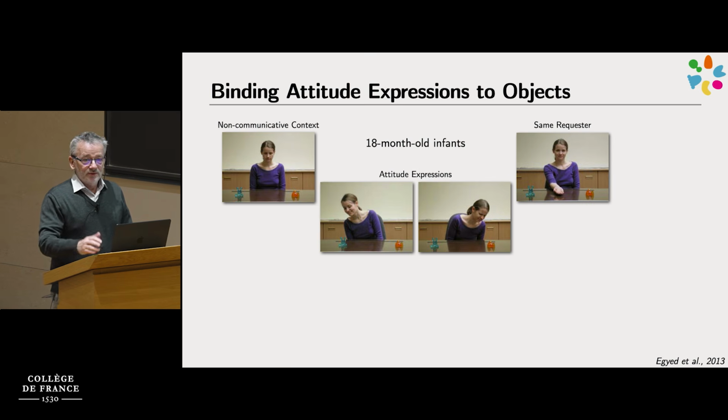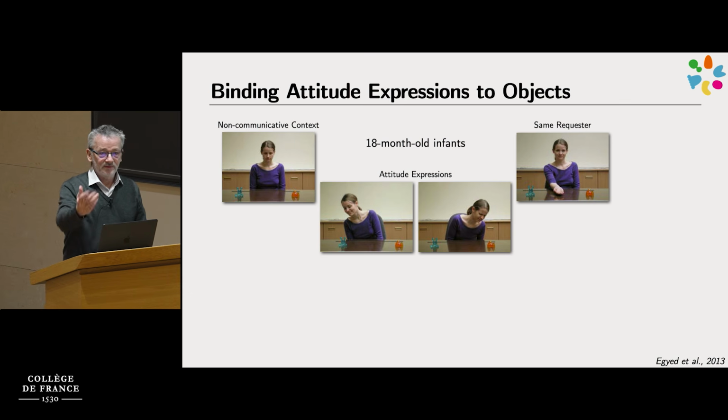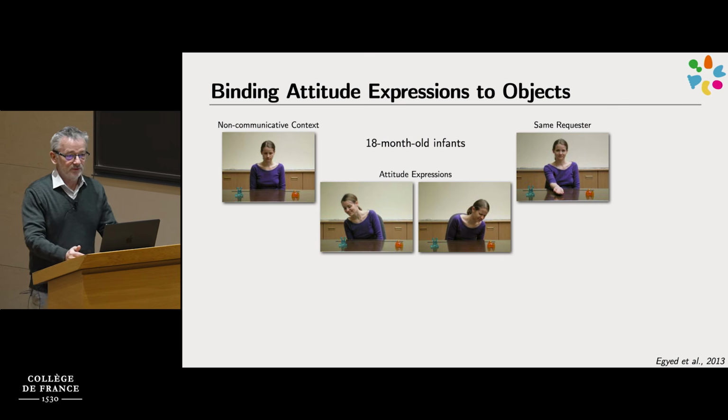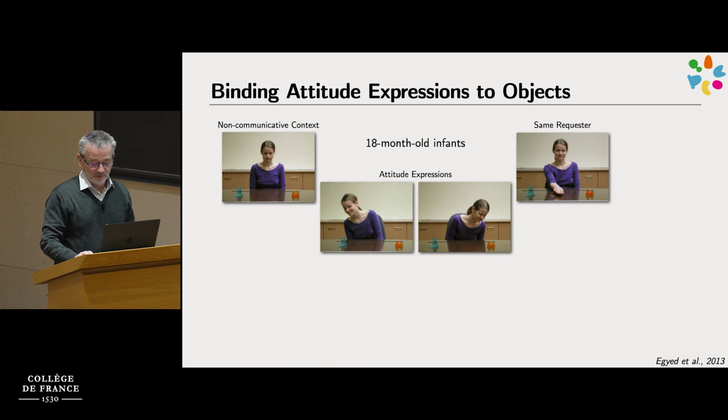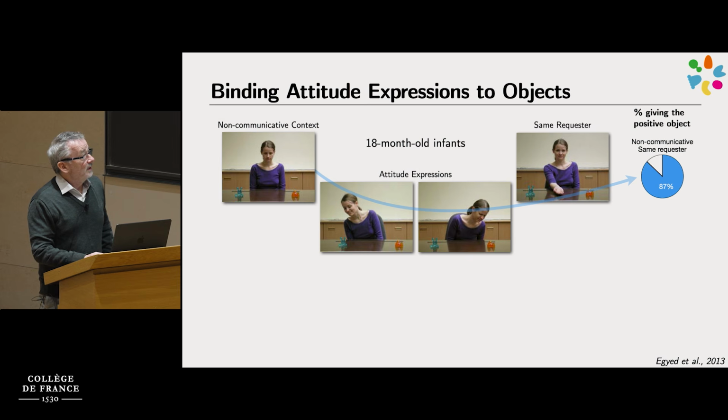And then she turns to the infant. The two objects are pushed in front of the infant, and she asks the infant to give her an object. The question is which object the infants would give her. In this case, they give her the object that she liked. So they actually learned something about the person in this situation.